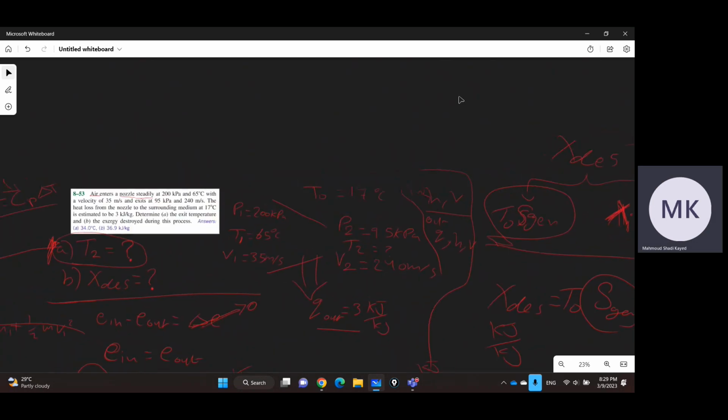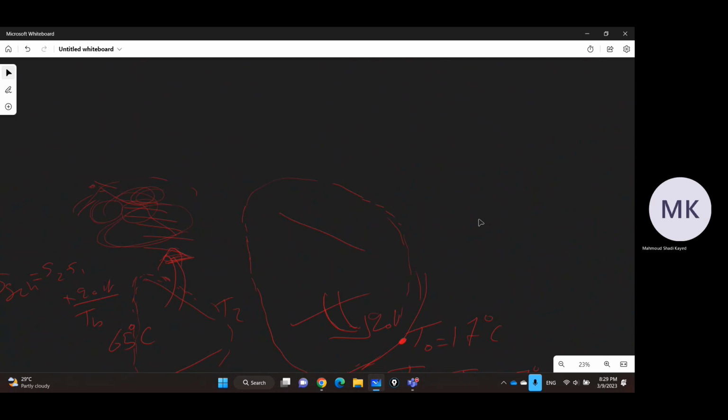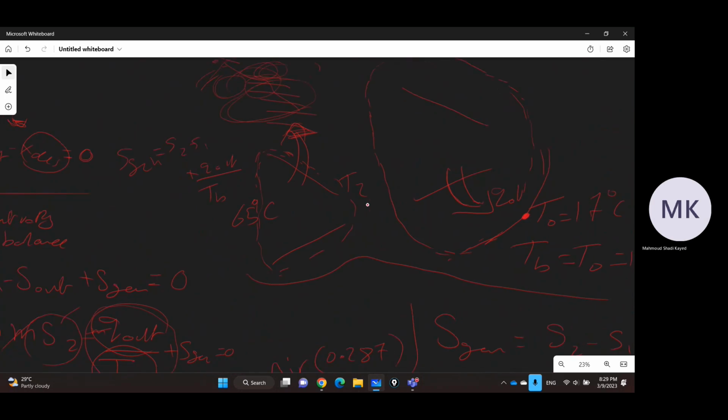And T2, if you calculate it, will be 34. So as we can see in both cases, the temperature is still higher than 17 degrees centigrade.